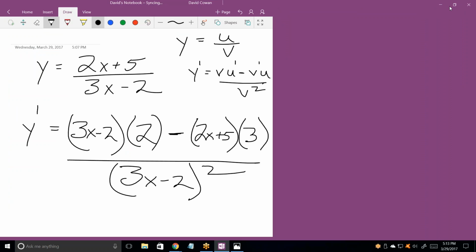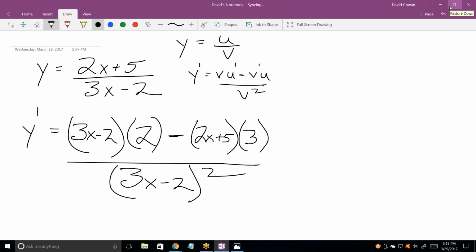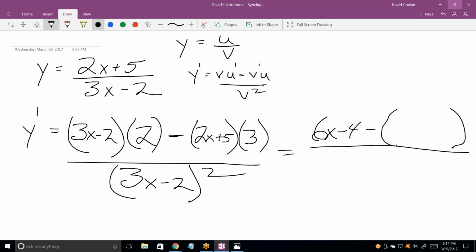Well, let's see what this expands to. In other words, they want you to simplify these. So what's the numerator become? The numerator becomes 6x minus 4. Subtracting and still use your parentheses. Whenever you're subtracting something, boy, if you don't use parentheses, you're getting the wrong answer.